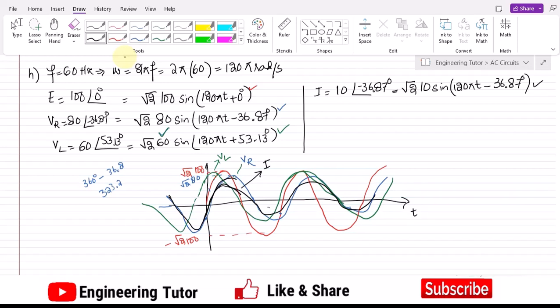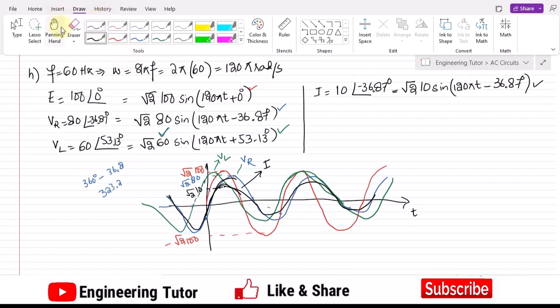The waveforms here are not that clear, but the amplitude it has is square root of 2 times 10, while the angle it has is minus 36.87 as that of the current. So the waveforms are not that clear, but you have seen all the concept behind the voltage plotting and the phase angles along with them.